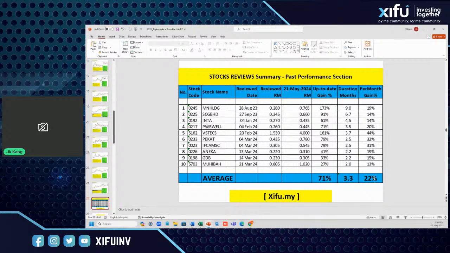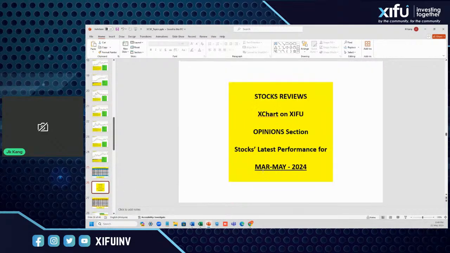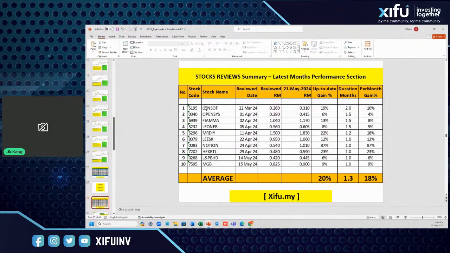Okay. So probably your next question will be, how about the current? These are all the past performance. How about the present? Let me share with you the present, from March to May. I have also consolidated about 10 of these particular stocks from March 22nd until 15 May.